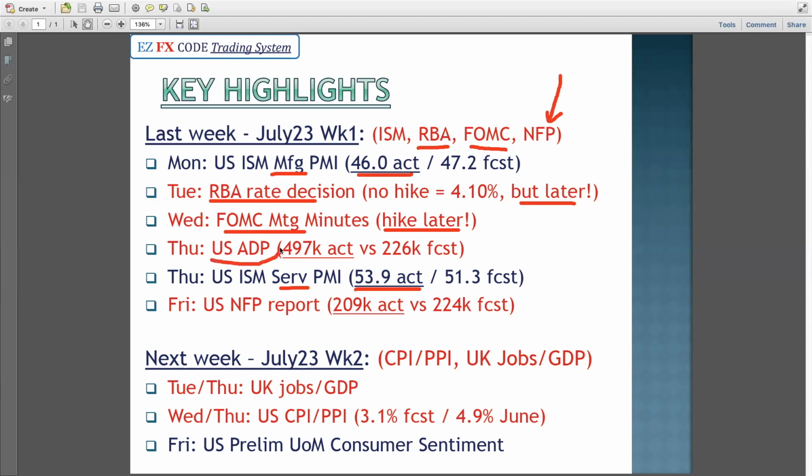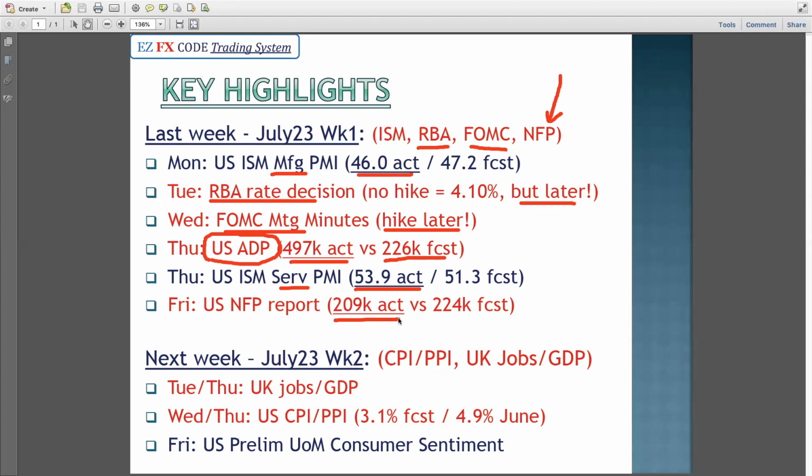And on Thursday was a surprise, as the private sector reported strong jobs added, almost more than double the forecast figures. So that initially drove the US dollar up and the majors down, but they managed to recover after that.